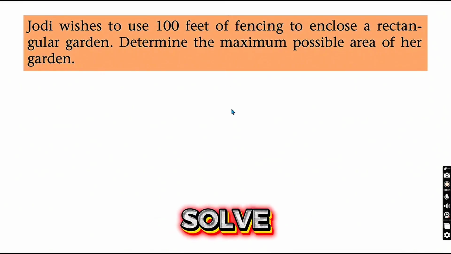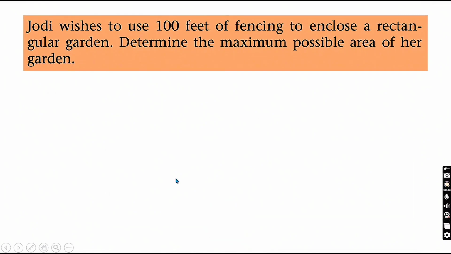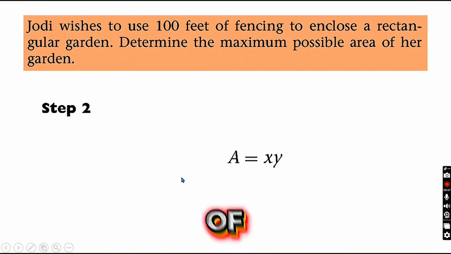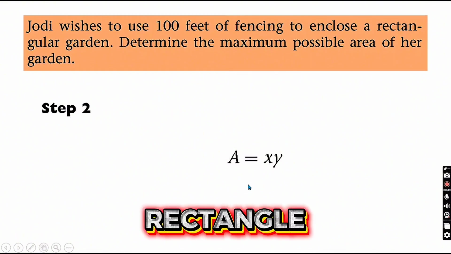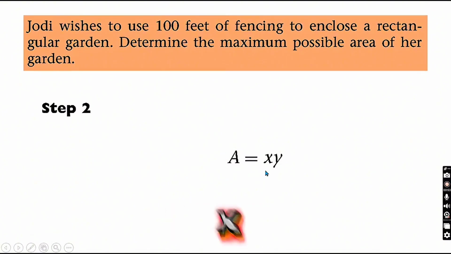So we will solve. For the first step, we are going to consider an illustration. So we have here the length y and the width x. And then we will use the formula of the area of a rectangle, which is length times width. So A is equal to xy.